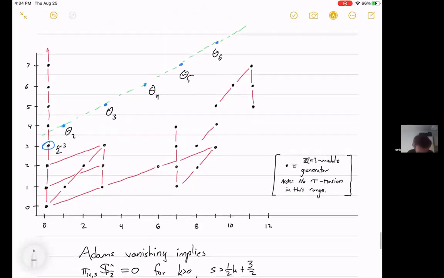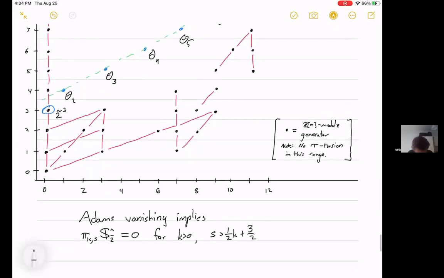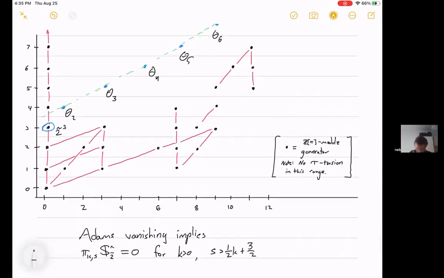What's great about this is that Adams, in the late 50s, published in I think 1960, proved the Adams vanishing line, which says that after modding out by tau, when k is greater than 0 and s is greater than 1/2 k plus 3/2, you just get 0.